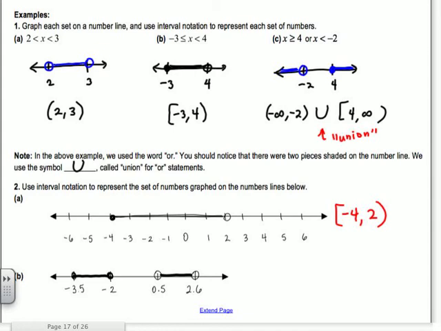Okay, the next one has 2 pieces, so I know I'm going to have the union in between them. The left piece is negative 3.5 to negative 2. My shading's not very good. I think that's supposed to be filled in, so go ahead and fill it in. So brackets on both. And then the other one's 0.5 to 2.6, parentheses on both.